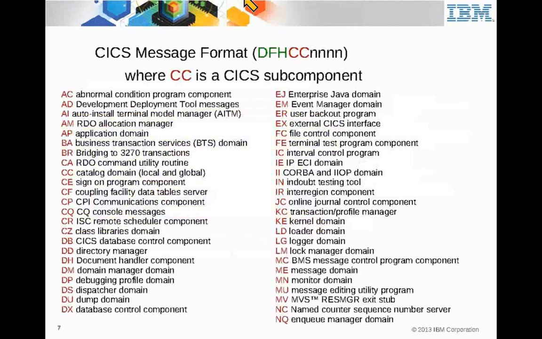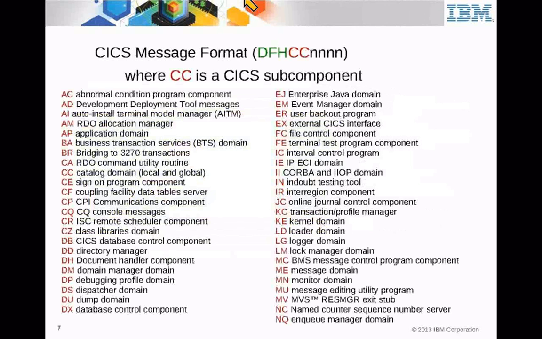CICS messages will begin with DFH. But notice CICS took the 4th and 5th positions for additional characters in the message ID. That 4th and 5th position is the subcomponent. So when CICS gives you a message, you know what subcomponent gave you the message.